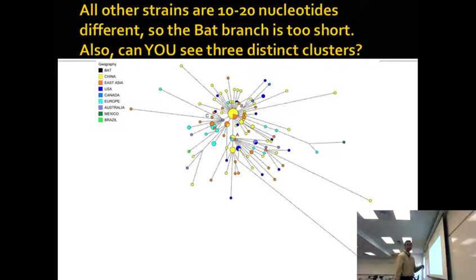If you look at this tree, literally published in the paper, you'll see the bat sequence is on this really weird little branch. If you walked around campus under a tree that had a branch like that, you would be worried that that tree is unstable and that branch will fall off and hit you on the head. In the same way, this tree looks unstable because the bat is just too far away, it's sticking out too much relative to everything else.